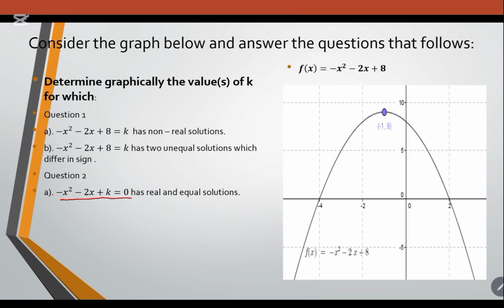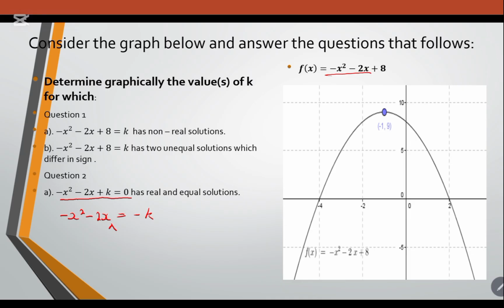So the first thing we're going to do is remove this k from this expression, because negative x squared minus 2x is part of the expression in the equation of f of x. So we say negative x squared minus 2x is equal to negative k. But what can we do to this expression so that it can represent the graph that we are given here? The missing value here is 8.